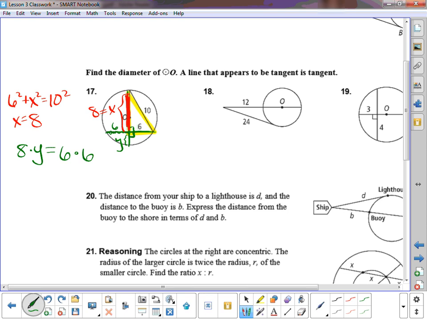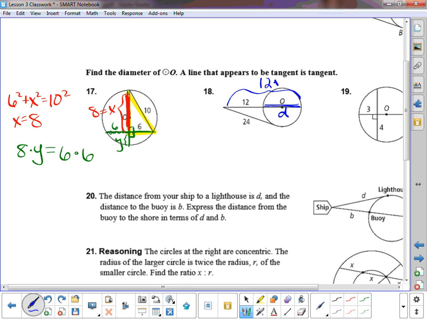Let's take a look at our setup for 18. So our segments are going outside. So we want outside times whole. Can we go ahead and call our diameter just d here? Are you guys okay with that? Yes. So what's my whole segment going to be? 12 plus d.